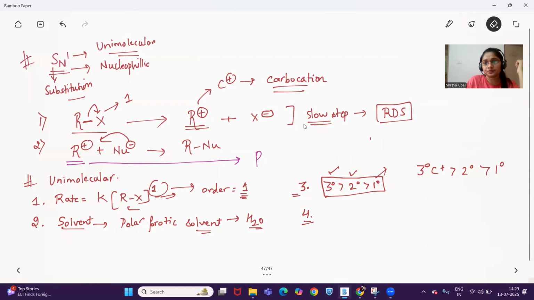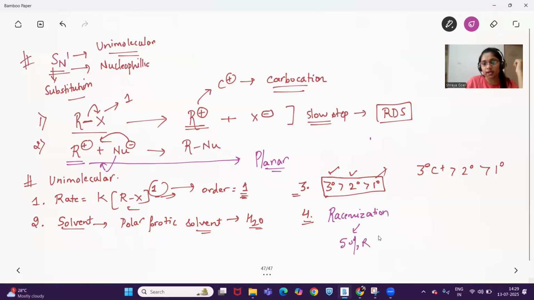So the nucleophile can attack from both sides, from upwards and from downwards. Both possibilities are there, and that's why we will have racemization here, like 50% R and 50% S product.